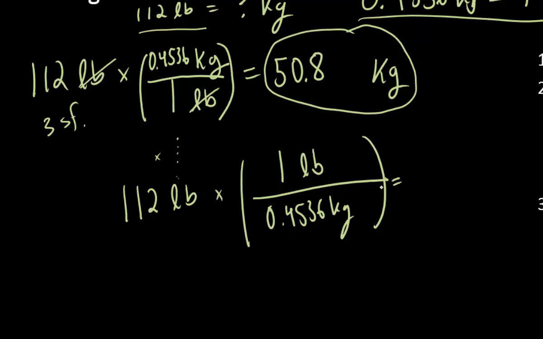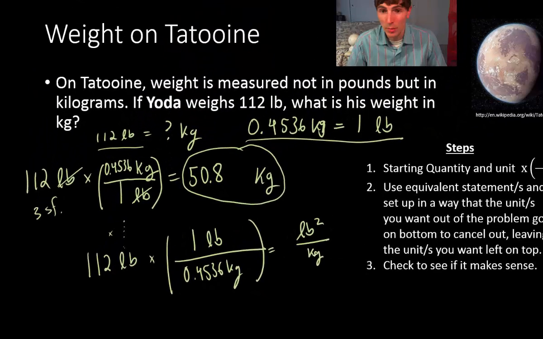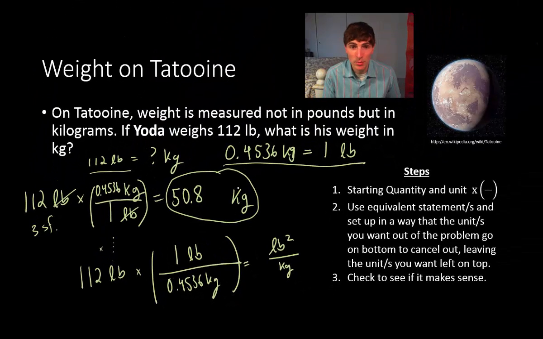If we were to do this, and the units were our guide, notice that the unit of pound on top does not cancel with kilograms on the bottom. And if I have pounds times pounds, I'd actually get some weird unit like pounds squared over kilograms. That is not what I want, which is a unit of kilograms. We're back at the beginning. I would know I have to write this in a different way because my units just wouldn't make sense.